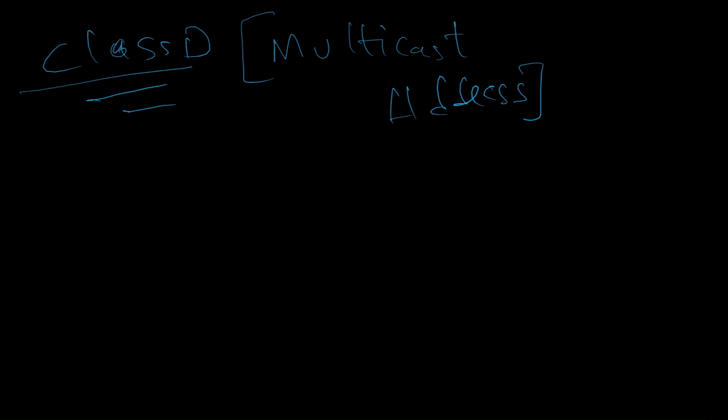If somebody wants to cast to multiple devices using IP, then we use this. So this is not that relevant for GATE. Just remember that it's multicast addresses, and its range is from, the first 3 bits are 1, and the fourth bit is 0, and we know these are all fixed.